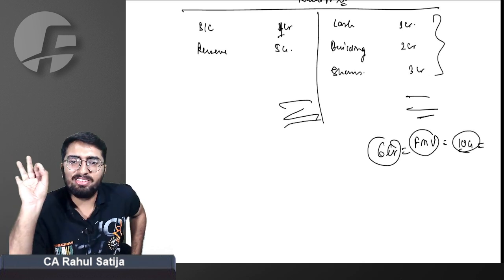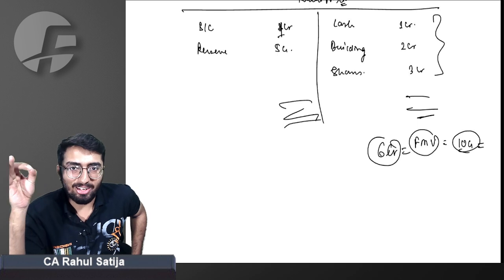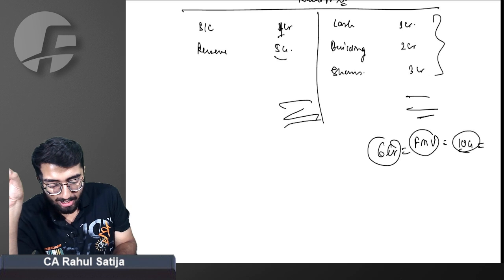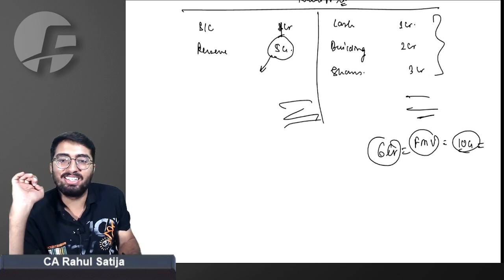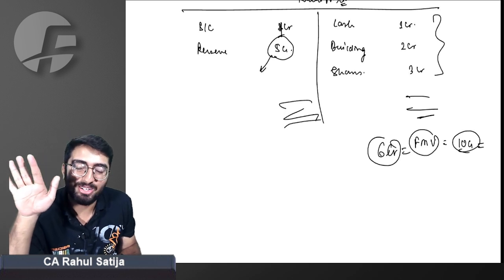We are very much familiar with the concept that in case of liquidation, if a company distributes any assets to the extent of accumulated profits, it is termed as deemed dividend. Do you remember?